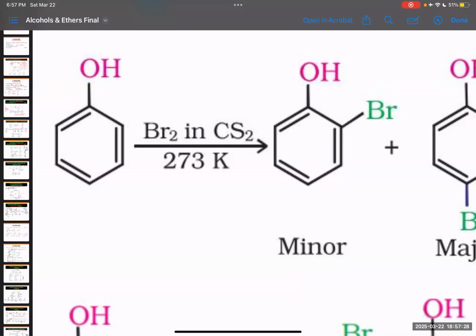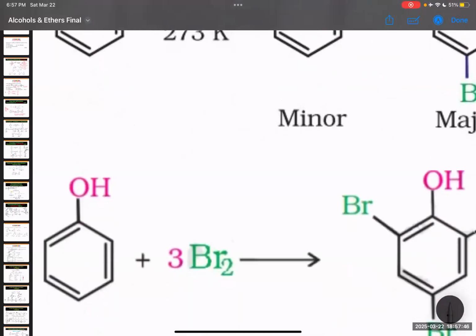You need to add bromine in the presence of a solvent, which is carbon disulfide, non-polar. The other way is to take bromine in water, which is polar.